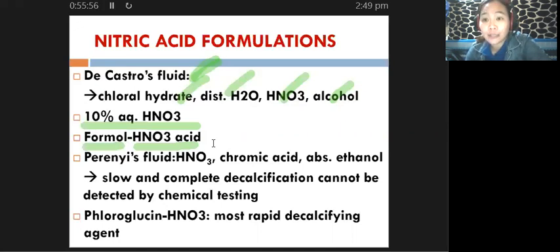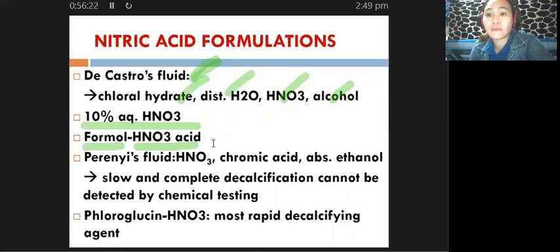It contains two additives, right? Yes. Okay. So since it contains two additives, it is considered to be a slow-acting decalcifying agent because of the presence of two additives.